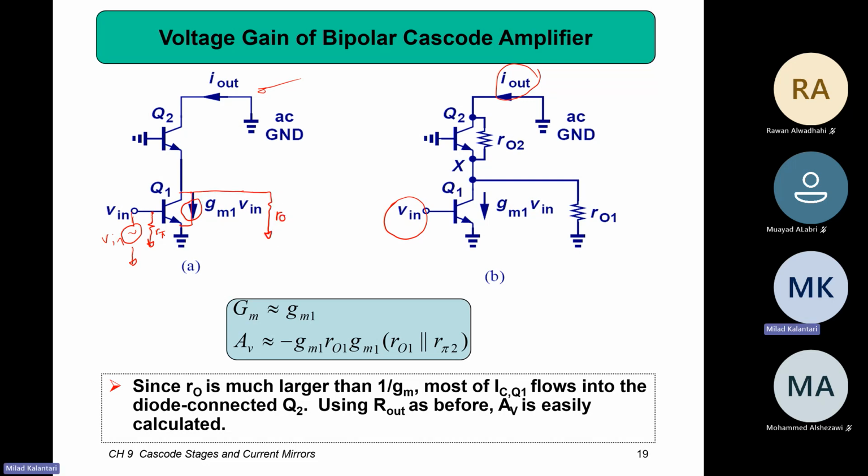There is some RO here, right? And from the emitter, what we are seeing is what? You remember what impedance we are seeing from the emitter?